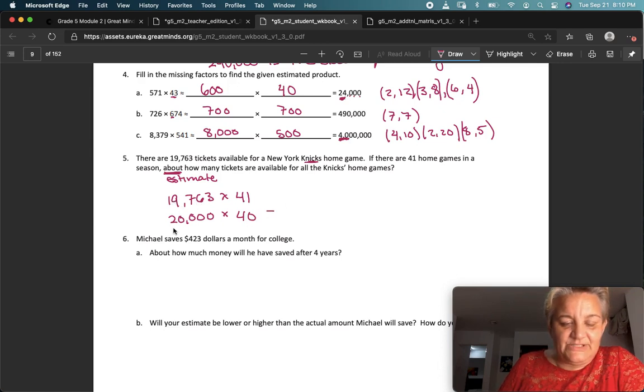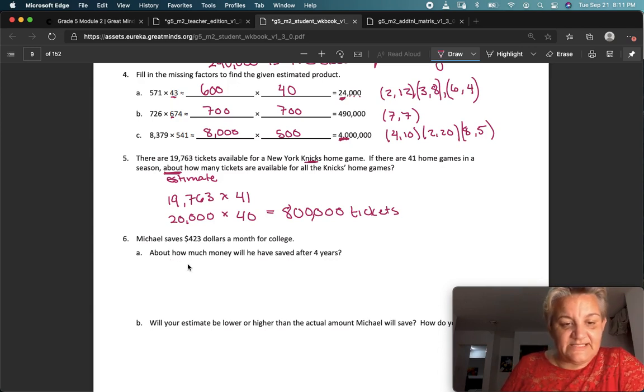And now 2 times 4 is 8. Okay, and then I have 1, 2, 3, 4, 5 zeros after that. Okay, so 800,000 tickets. That's a lot of tickets. Great. And if you want to check your answer, you can always multiply and see how close you got.